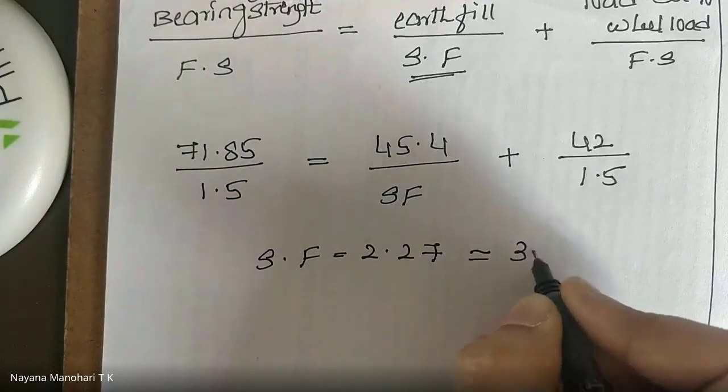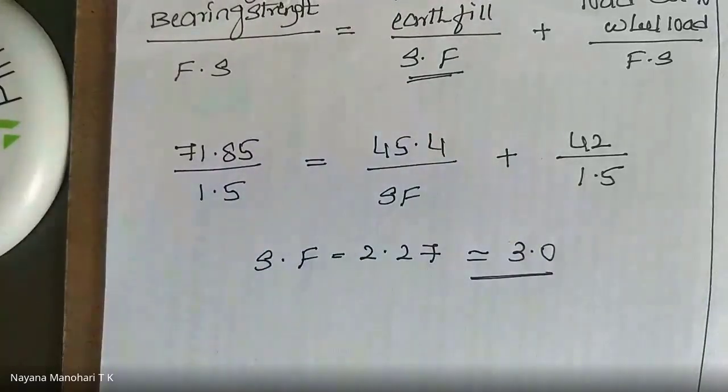Take it as 3. Okay, then refer in the design procedure, the table I have provided for the strength factor. It is between that value. Which type of concrete bedding are you going to provide? If it is earth bedding, the strength factor is 2.